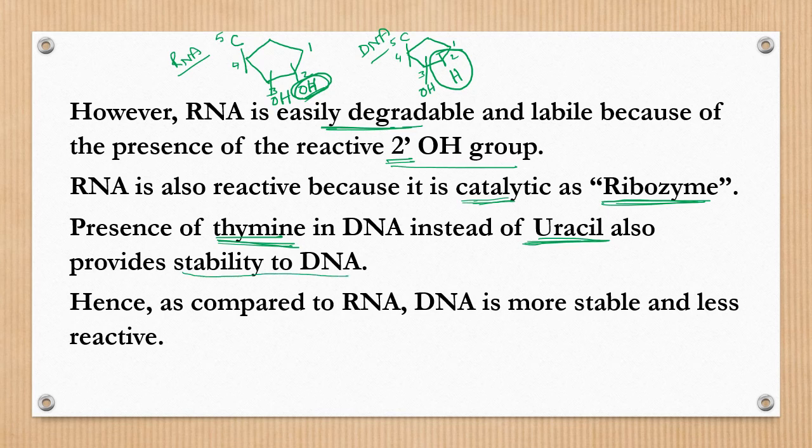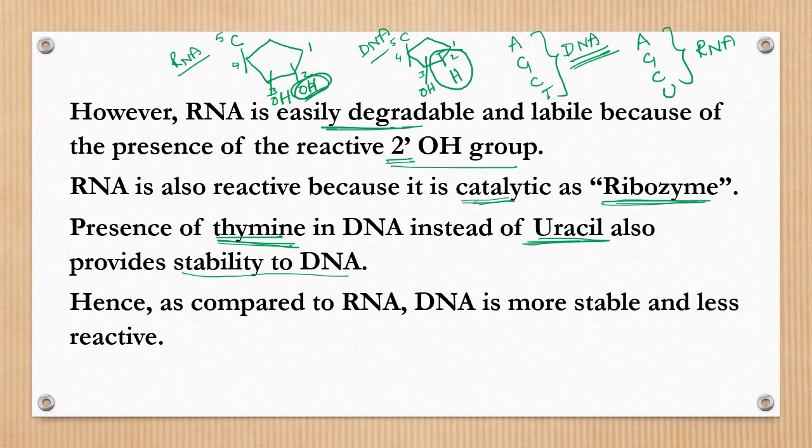We know that DNA consists of the nitrogen bases adenine, guanine, cytosine, and thymine, whereas RNA has adenine, guanine, cytosine, and uracil. So the presence of thymine instead of uracil gives extra stability to DNA.